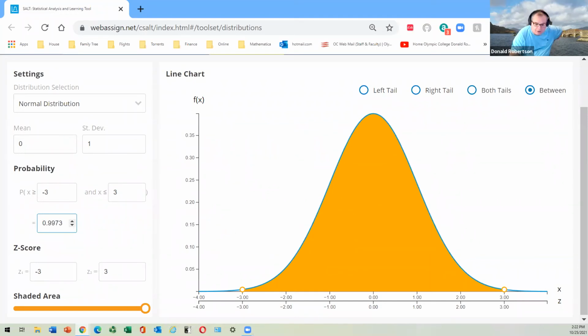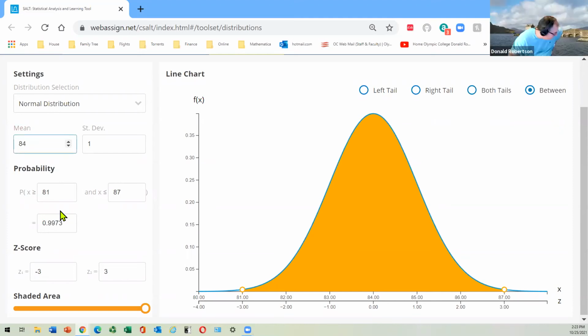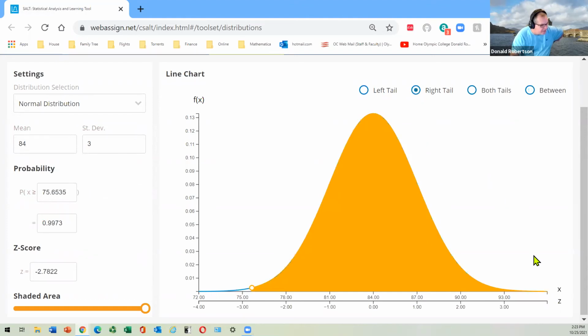So are you looking at salt right now? Because I'm not sure where we are. Okay, so we go here and we'll put in the average for the test is 84. And we'll put in that the standard deviation is 3. And you want to be in the top, so don't you want that number there, right?